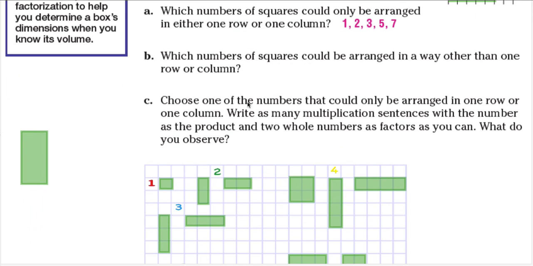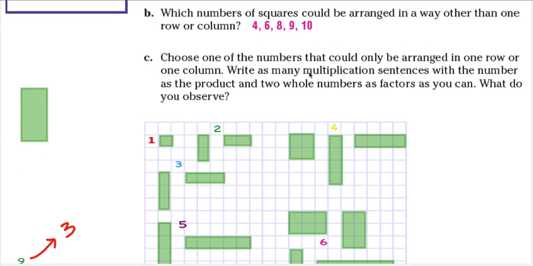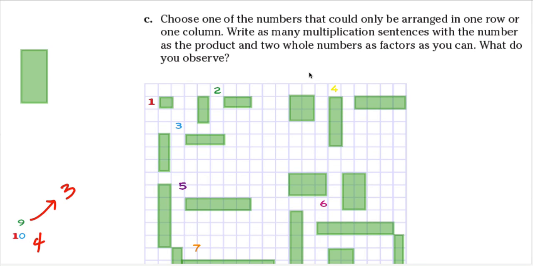Which squares could be arranged in a way other than one row or one column? We have a bunch of them. We have 4, 6, 8, 9, and 10. Okay, finally, letter C. Choose one of the numbers that could only be arranged in one row or one column. Write as many multiplication sentences with the number as a product and two whole numbers as factors as you can.